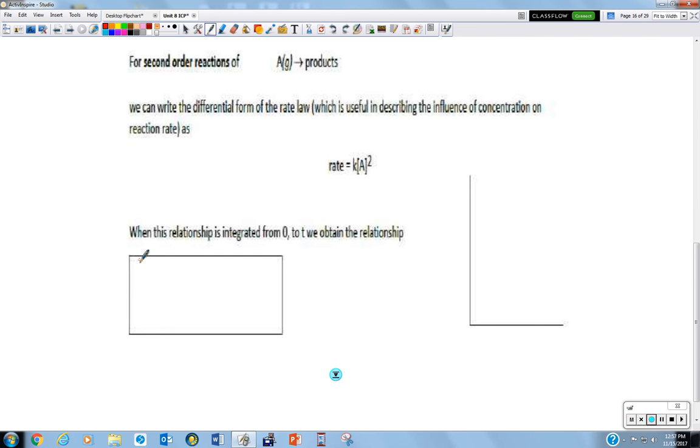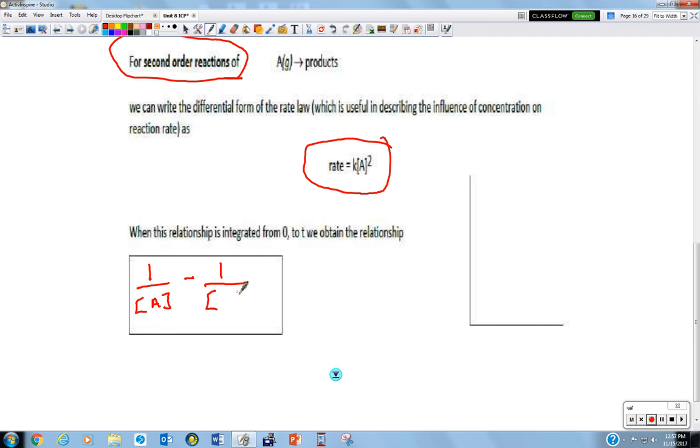And then let's look at second order reactions. Second order reactions, again, the rate law is going to be rate equals k times concentration of A raised to the second power. So when we integrate this one with time, we end up with 1 over A minus 1 over original A equals kt.